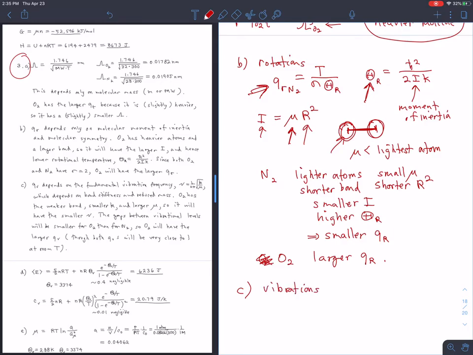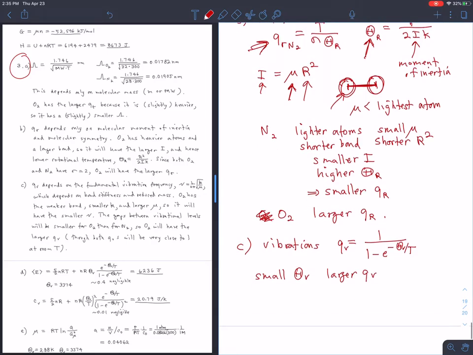Remember that for the vibrational partition function, let's just write it out. Without the ZPE factor, it's 1 minus e to the minus theta v over T. It gets larger as the vibrational temperature goes down. So small theta v, same as rotations, means larger qv, and vice versa.